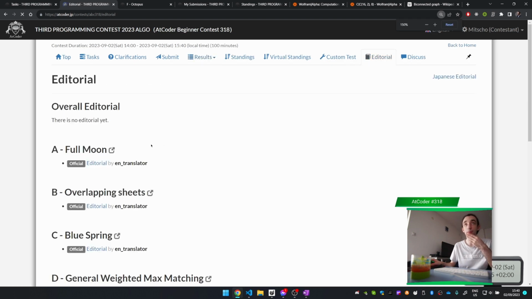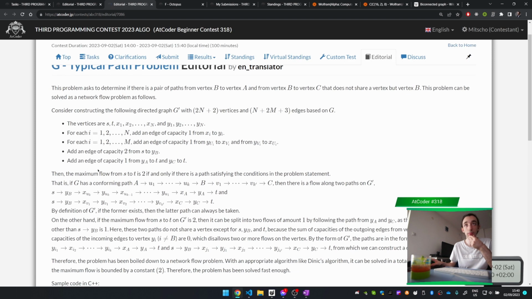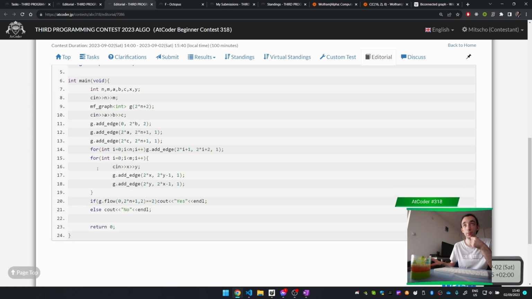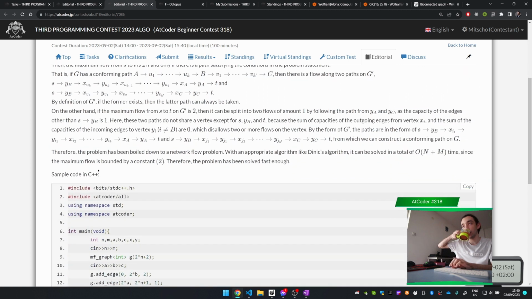Let me just read the tutorial. Maximum flow. Wait, you just push max flow? I mean, yeah, but isn't the graph just too big?